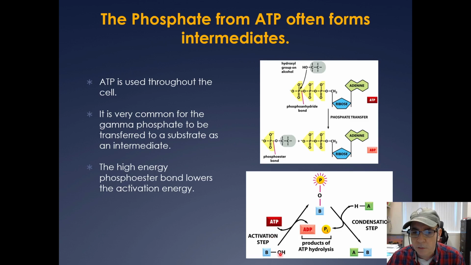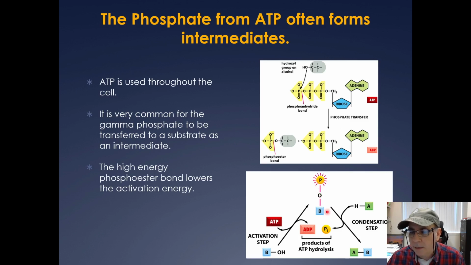You can see here, you have this reactant B, and you get an activation step where ATP is converted to ADP and the phosphate gets added to the reactant.